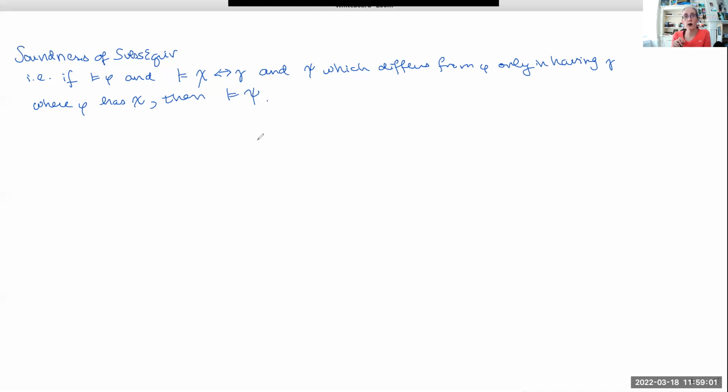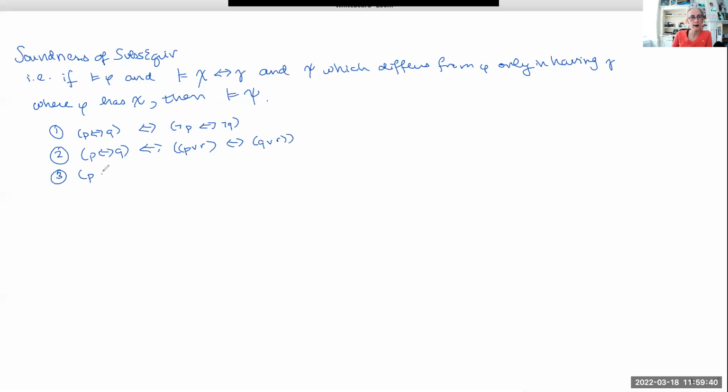Now, the soundness of this rule is based on a number of propositional equivalences and implications. So these are all propositional tautologies, and therefore they are all going to be axioms of K. They are, first, that if P is equivalent to Q, that equivalence is equivalent to not P if and only if not Q. Second, if P is equivalent to Q, this itself is equivalent to P or R if and only if Q or R. So I can always add a disjunct on the right.